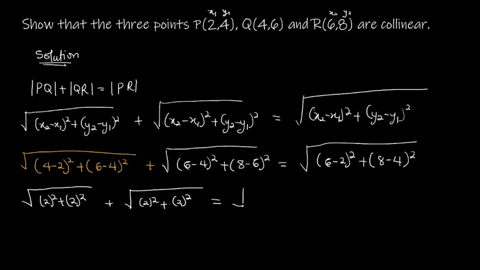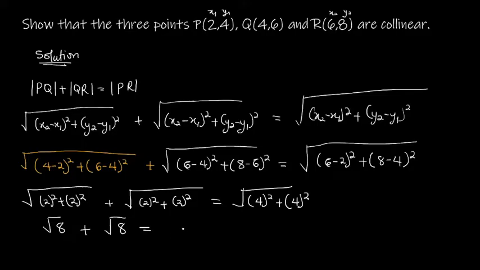This is equal to, then I come to this side, 6 minus 2 will give me 4 squared, plus 8 minus 4 will give me 4 squared. So I have over here 2 squared plus 2 squared, so this will give me 4, this will give me 4, and that will be root 8 at this point. So I have over here root 8 plus root 8.